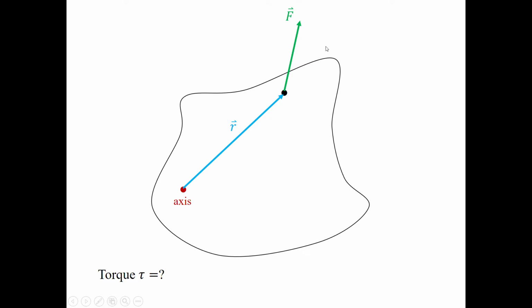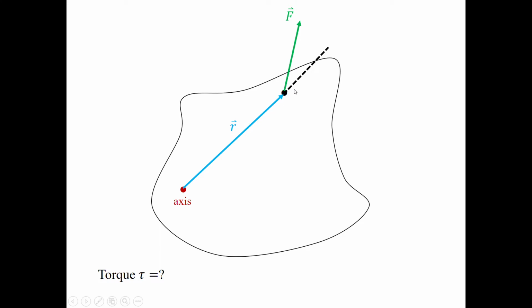If F were directed along this direction, we wouldn't succeed in rotating at all. And so it's only the perpendicular component of the force which is important for getting it rotating. In other words, if we decompose F into its radial and tangential component, it's only that tangential component which comes into the effectiveness at rotating it.